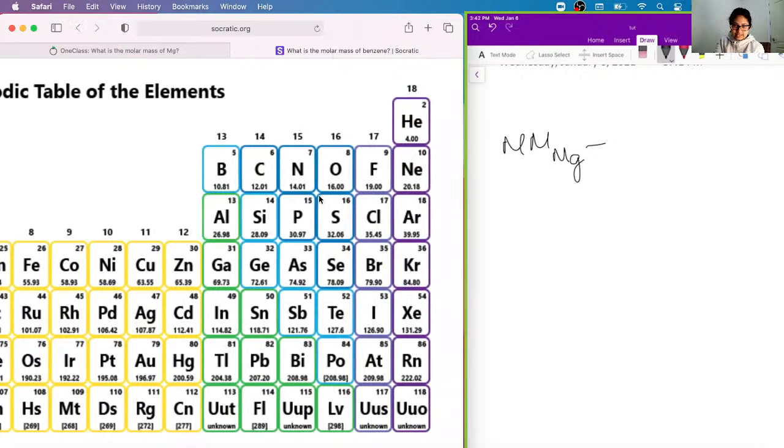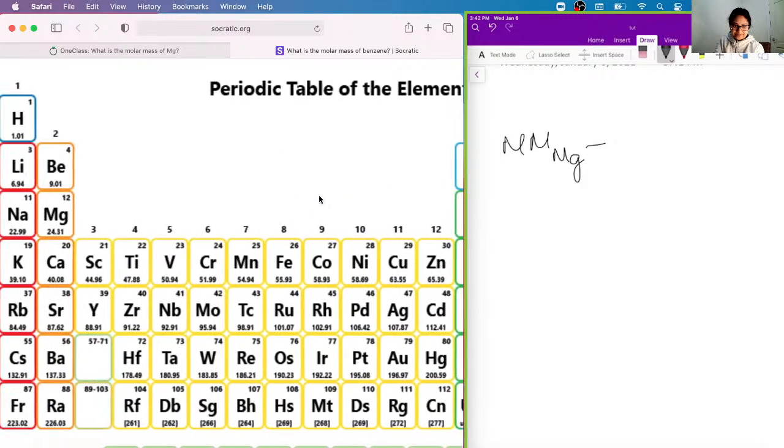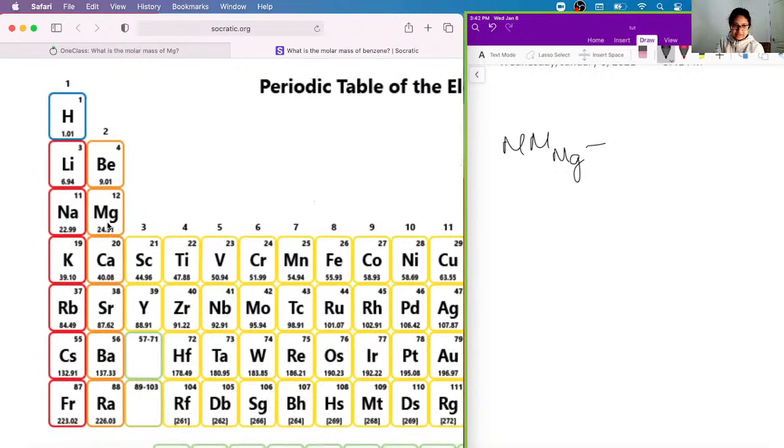So if you're looking at magnesium, it has a molar mass of about 24. This is your atomic number, which is also the number of protons. The molar mass is basically the number of protons plus the number of neutrons.